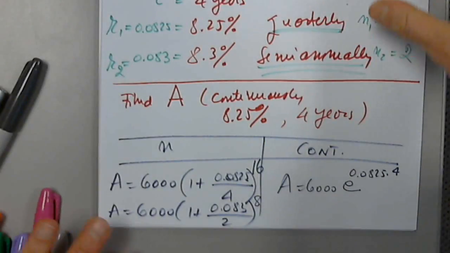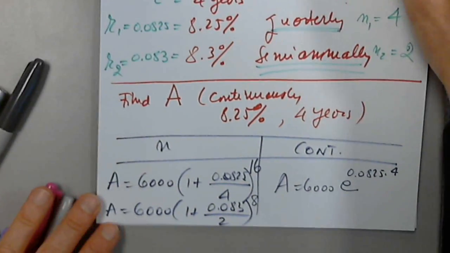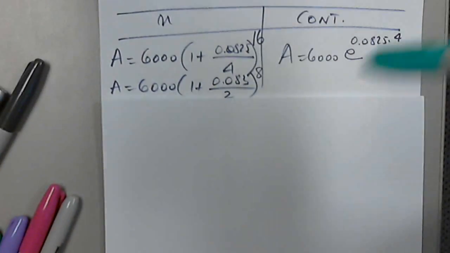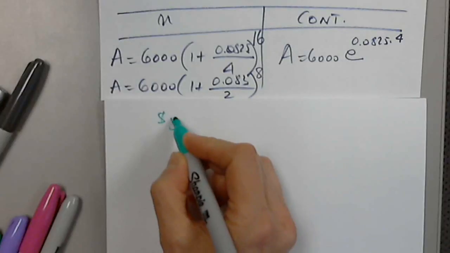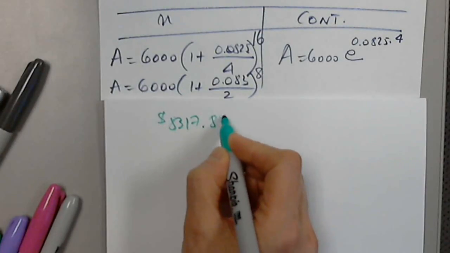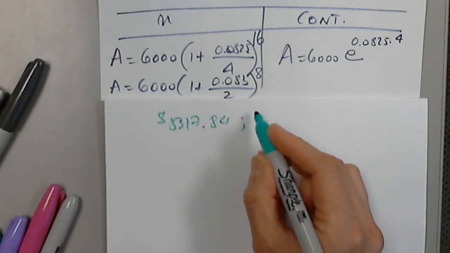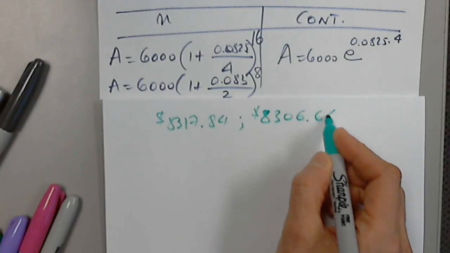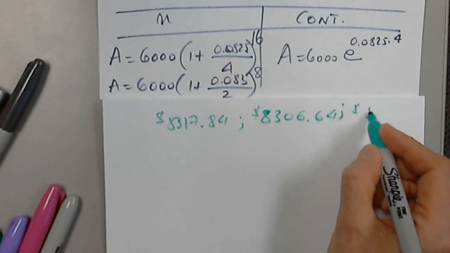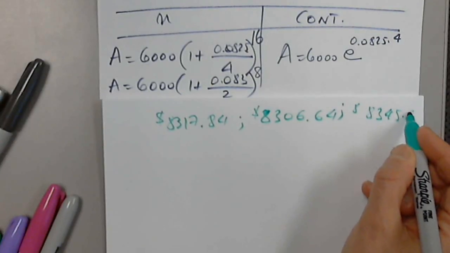So the answers, I'm going to write them down. The first one, 8317.84. The second one, 8306.64. And the last one, 8345.81.